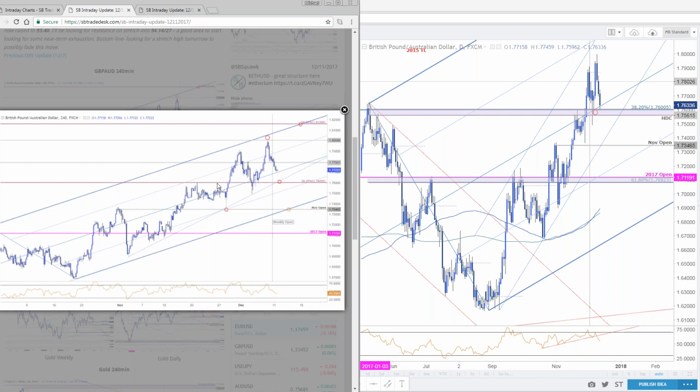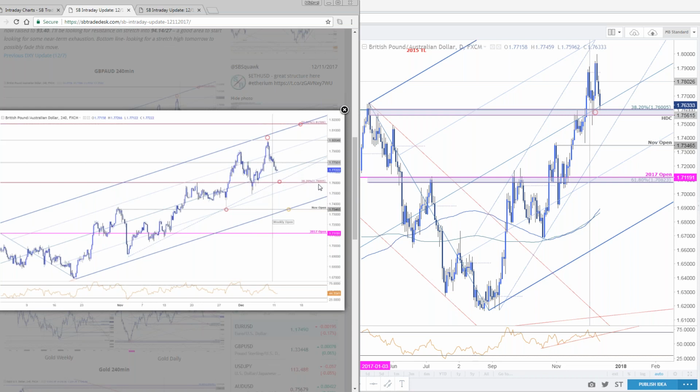Now, a look at this from different time frames suggested that this was very toppy here. And not just that, you also have the fact that we're looking for the Aussie long. Well, the Aussie long would certainly put downside pressure on pound Aussie, right? So inherently for me, it started to look a little bit like a different picture starting the week. Excuse me.